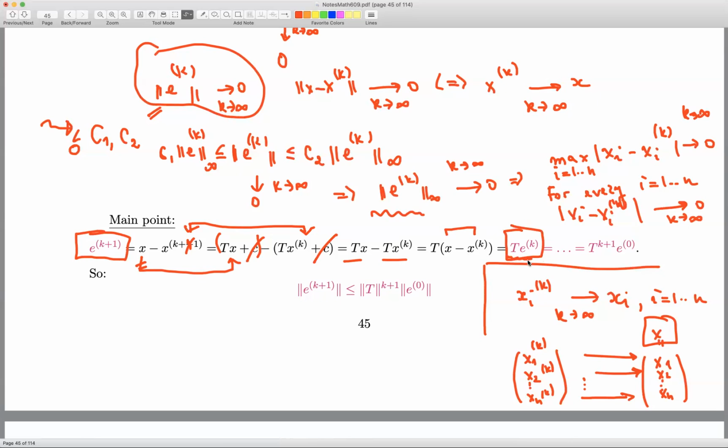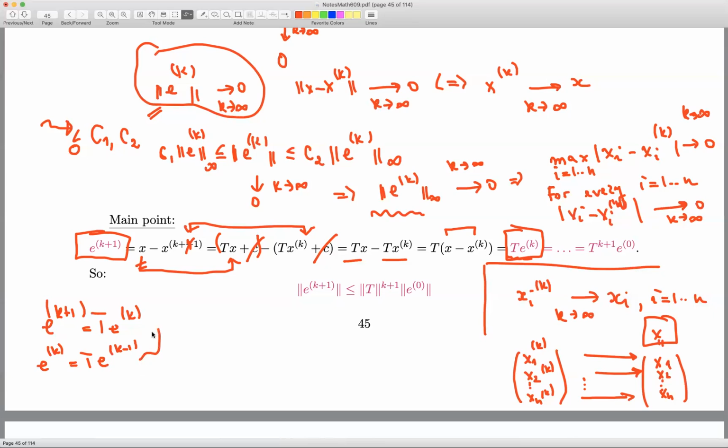So we have the recursive relationship that the error at step k plus 1 is equal to T applied to the error at step k, and then we can use that recursive equation. So let's use it. We have e_{k+1} equal to T applied to e_k. Then we can do the same for e_k, which is equal to T applied to e_{k-1}.